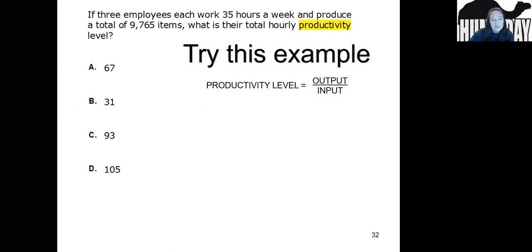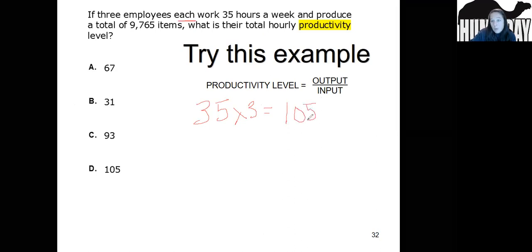Here's an example with math. We're going to do this together. You've got 3 employees and they each work 35 hours. You could say 35 plus 35 plus 35, but it would take you longer, or you can just say 35 times 3. That gives you 105.